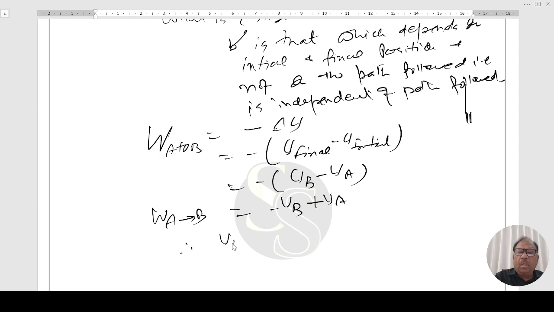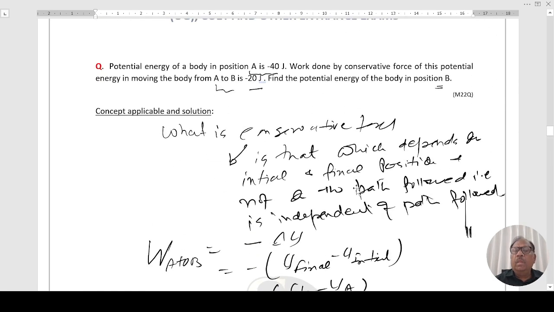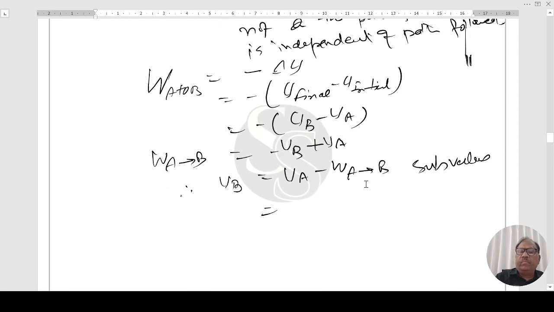UB will be equal to UA minus W A to B. Substituting values, UA is given as minus 40, minus of minus 20.